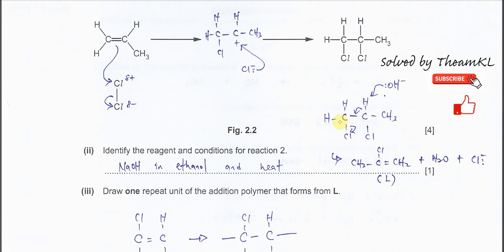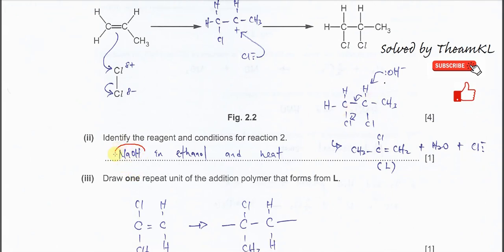First, you need to use the sodium hydroxide in ethanol. When it is sodium hydroxide in ethanol, then this sodium hydroxide will be used for the elimination reaction. If it's in water, then it's not elimination, it's a substitution.